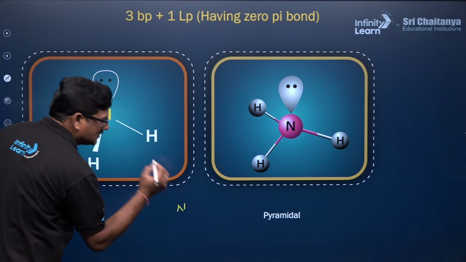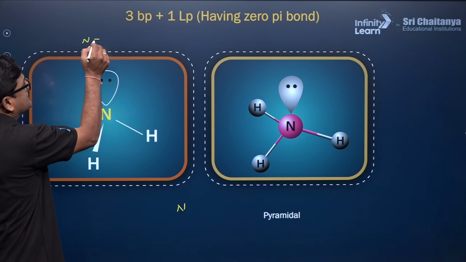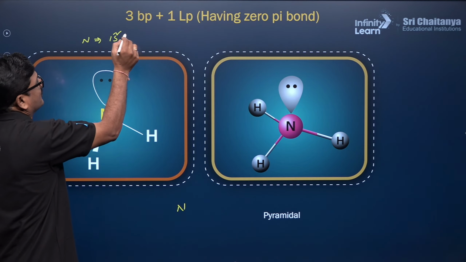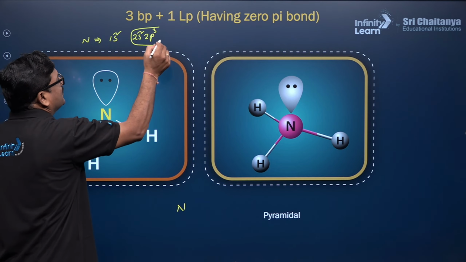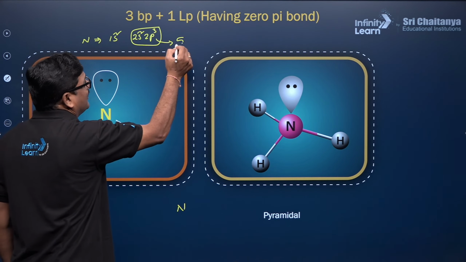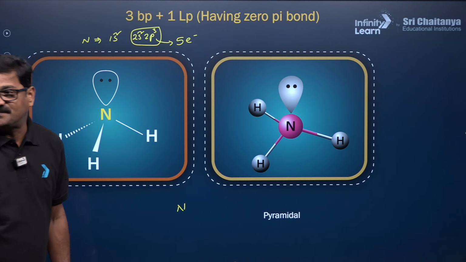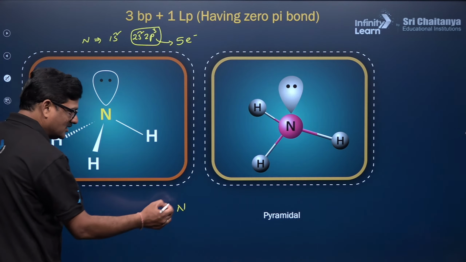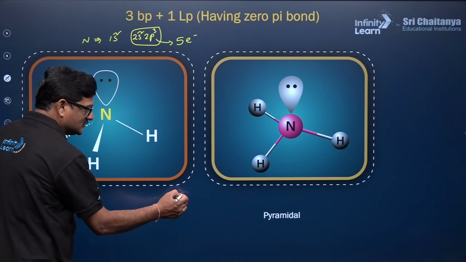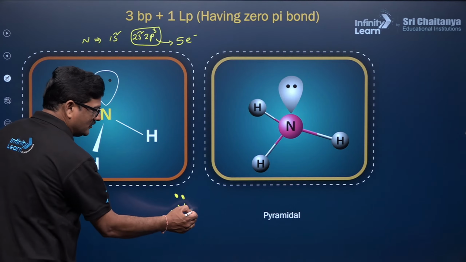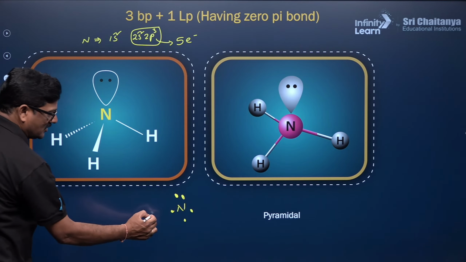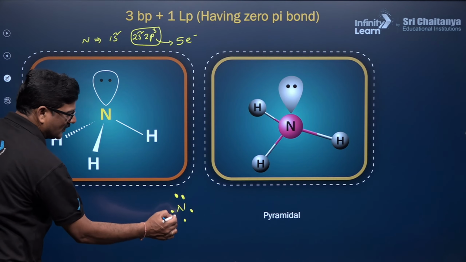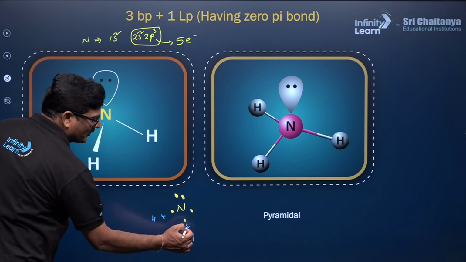This is your nitrogen. According to electronic configuration it is going to be 1s2, 2s2, 2p3. So how many electrons do you see in the outer shell? 5 electrons. These 5 electrons are going to be 1, 2, 3, 4, 5. And one hydrogen is going to form a bond over here.